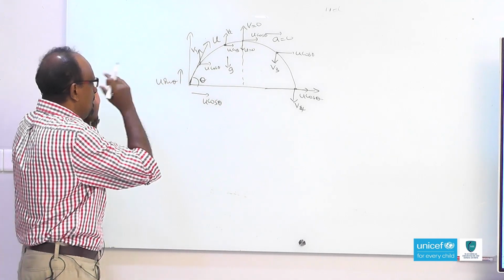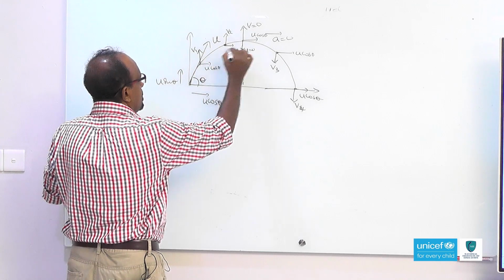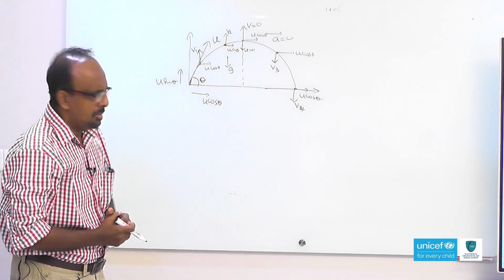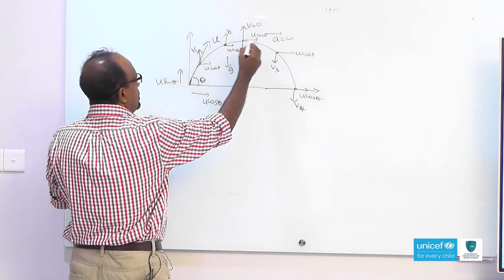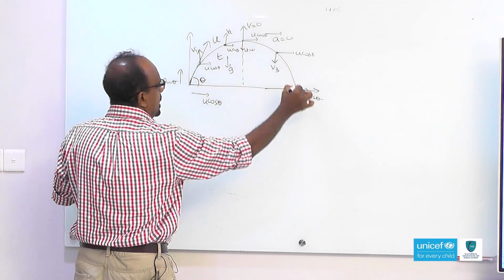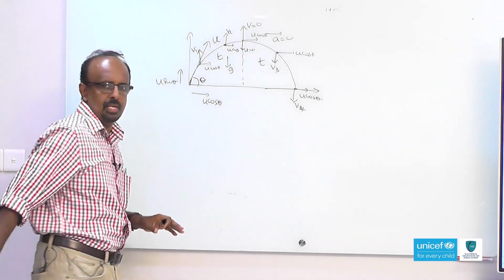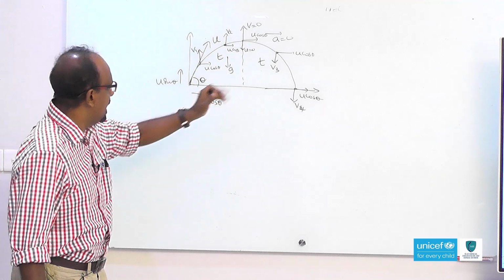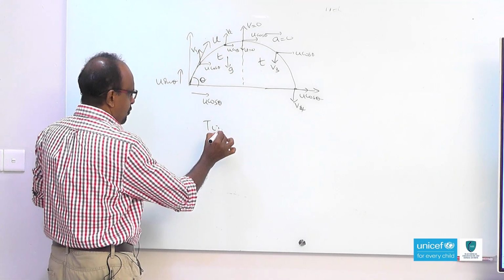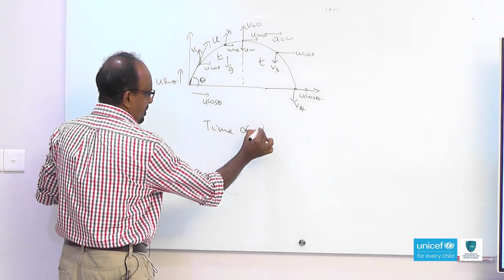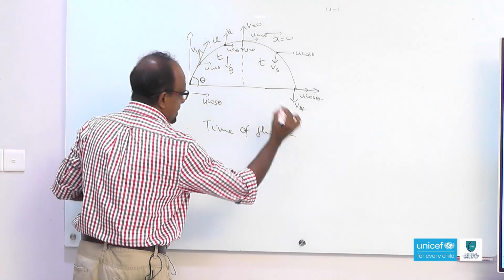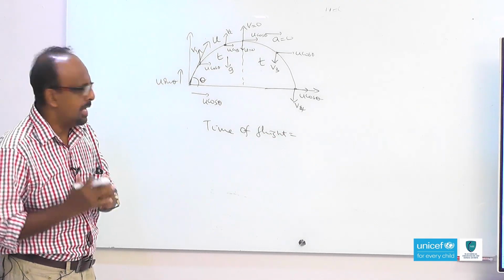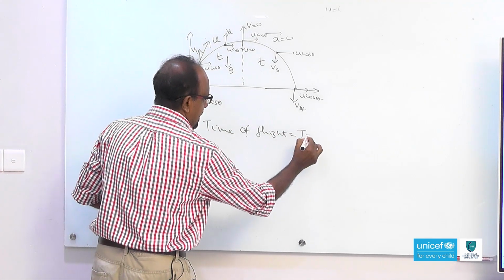Then students, when you are doing this, remember this is a symmetrical path, so the time taken to go up and the time taken to come down will be the same. So, t and t. Then the time of flight, that is the total time in air, will be 2t.